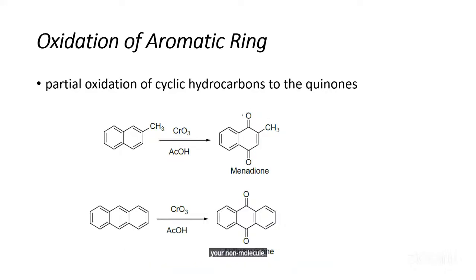The quinone type of oxidation takes place in a ring where more substituents are present, which indicates that substituted aromatic compounds are partially oxidized as compared to non-substituted aromatic compounds. Second, anthracene is converted to anthraquinone by using CrO3 in presence of acetic acid.